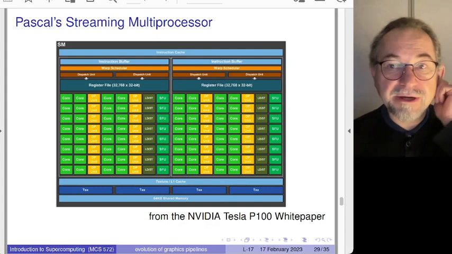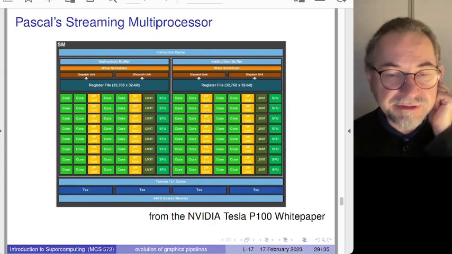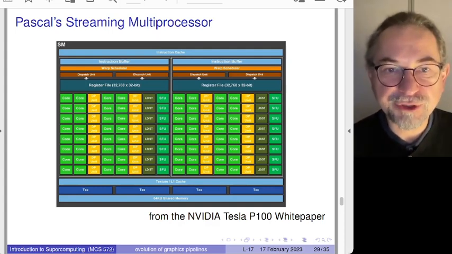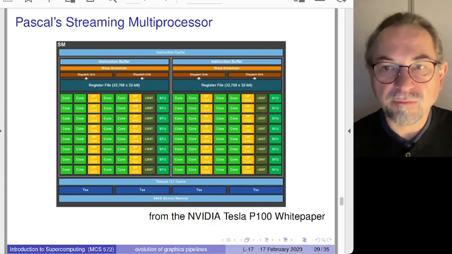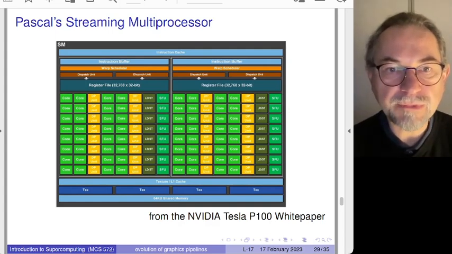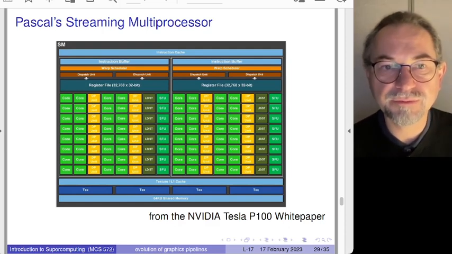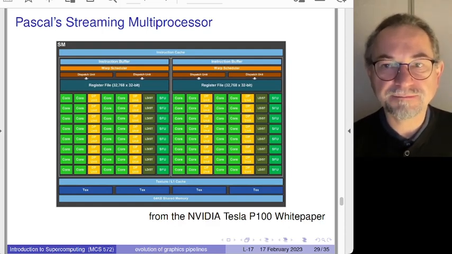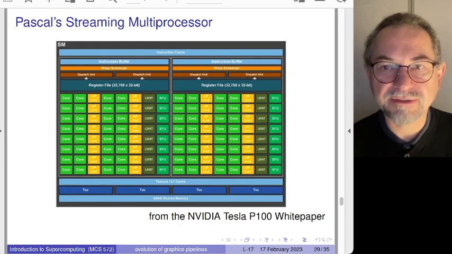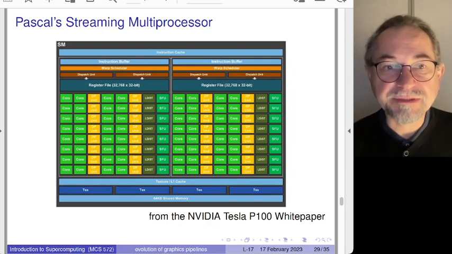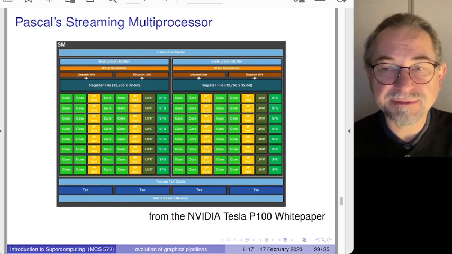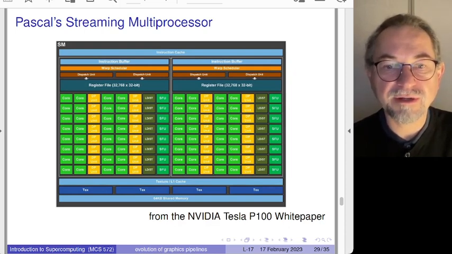All right, we are using Pascal in this course. Here is a picture from the white paper. In this lecture, I try to give a summary, an overview of the material that is out there. There are no specific exercises except for you to go looking into these white papers.